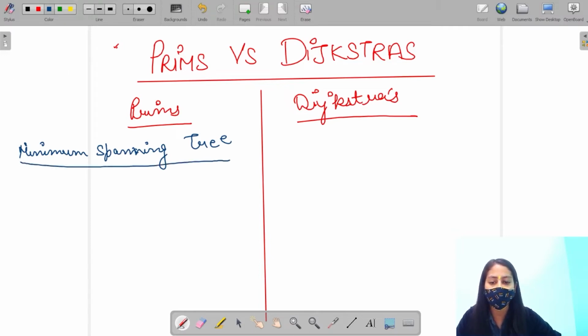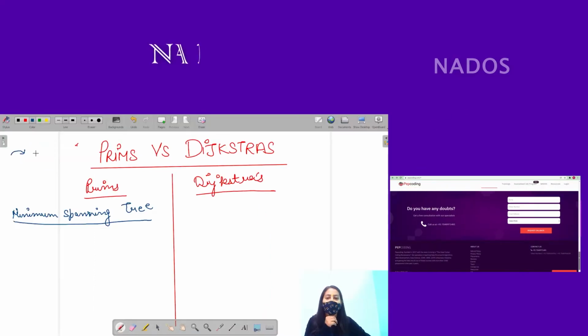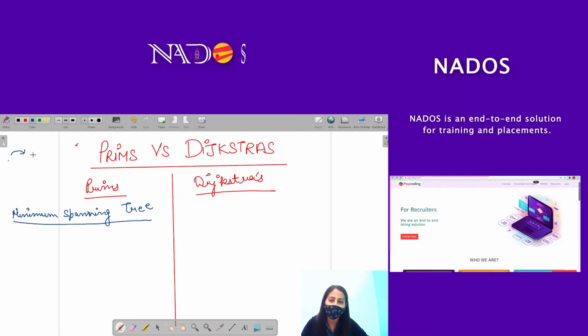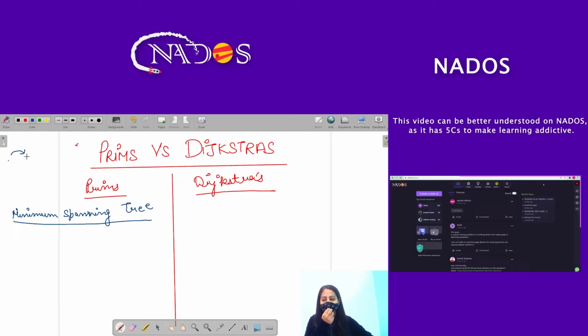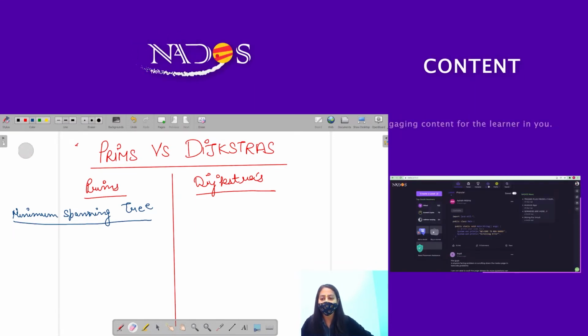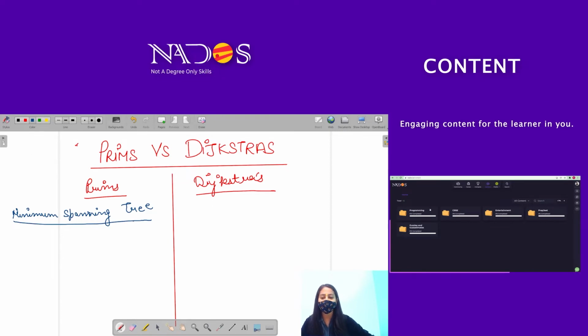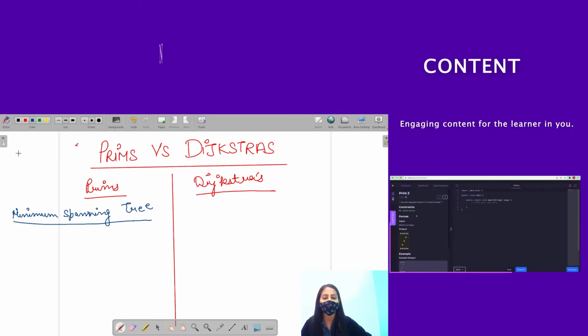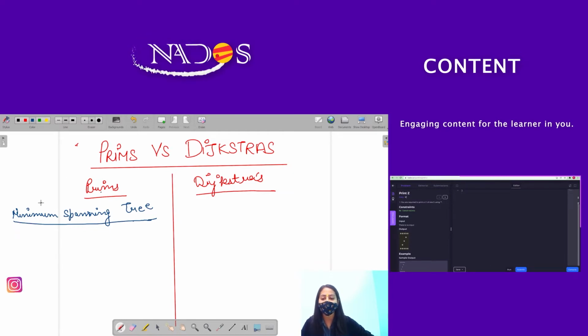So you have to convert your graph to a tree with the minimum cost such that all the vertices of the graph are also present in the tree. Also, since this is a tree, cycles must not be present in the tree. In a graph there can be cycles, but in the tree there should not be any cycle present, right? So Prim's algorithm is used to find the minimum spanning tree of a graph.